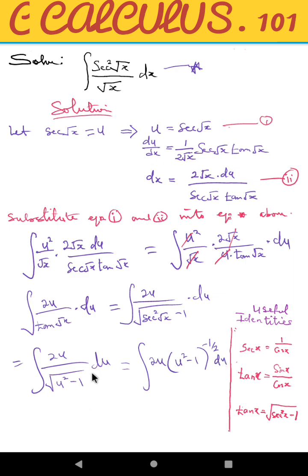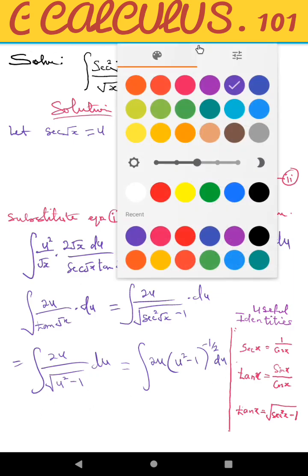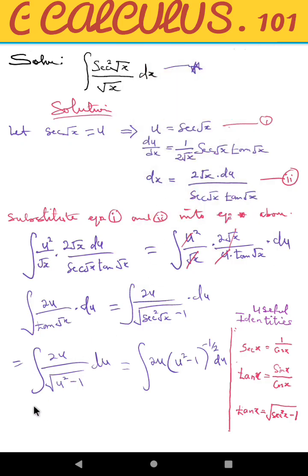Now let m be equal to u squared minus 1.